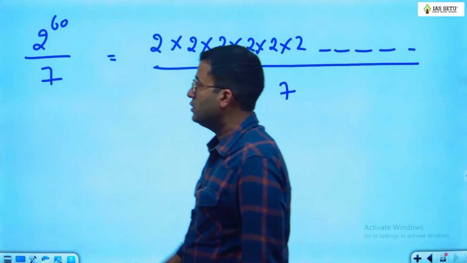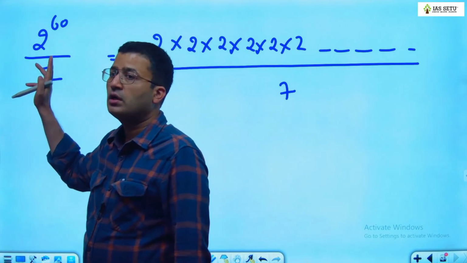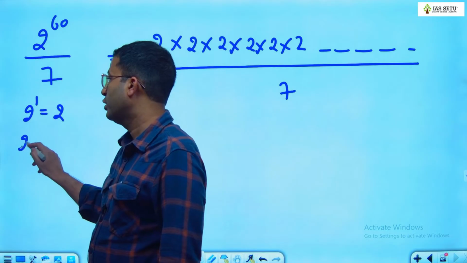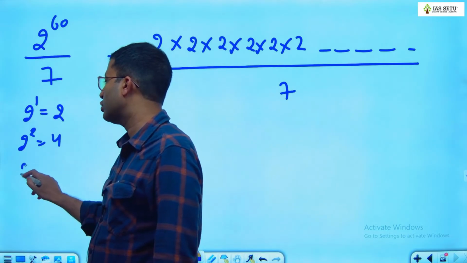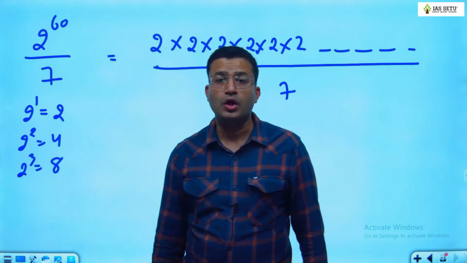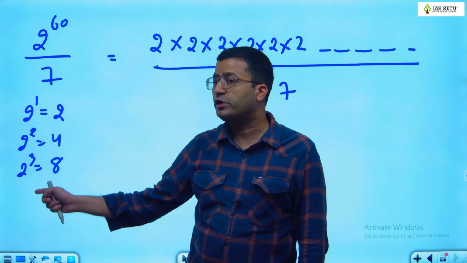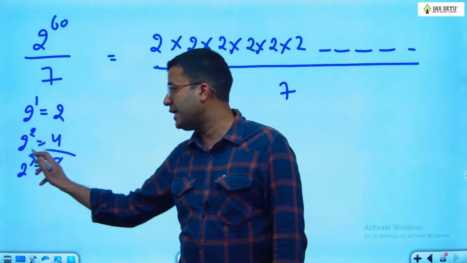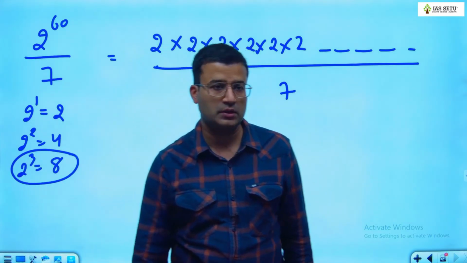See here, step number 1: 2 to the power 1 is 2, 2 square is 4, 2 cube is 8. We are looking for a power of 2 which is 1 extra compared to the divisor. 8 is perfect.